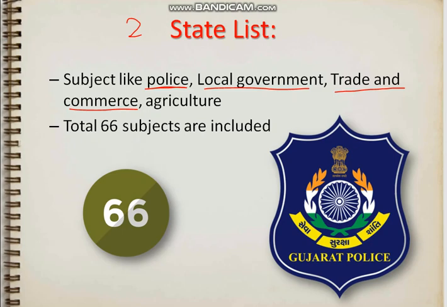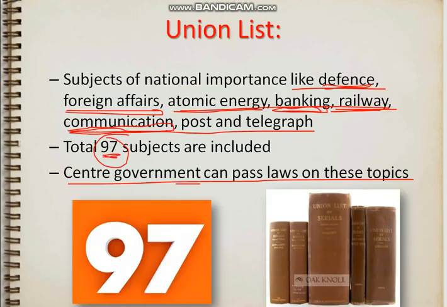Rules and regulations related to trade, and decisions related to taxes, revenues and others are taken by the state. Then agriculture is also important. Agriculture of that state is also a subject on which the state decides. Okay, a total of 66 subjects are included in it. How many subjects are there? 66. In the previous union list, how many subjects were there?